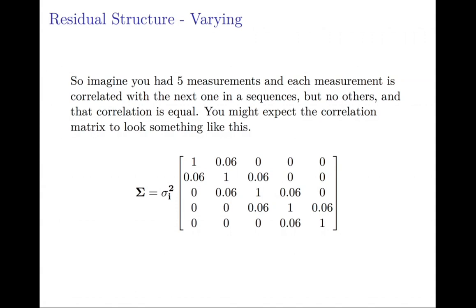And your diagonals are again 1. And then in the values in the matrix where you are looking at one entry versus the next one, you have a correlation of 0.06, and that's the same across all your individuals. They're correlated at a 0.06 level from one individual to the next.